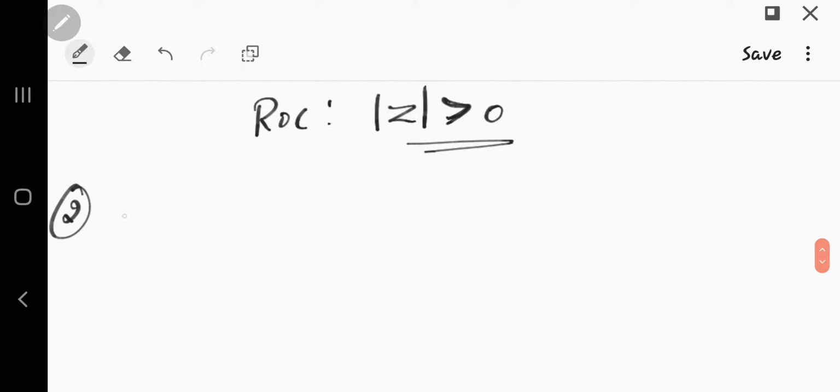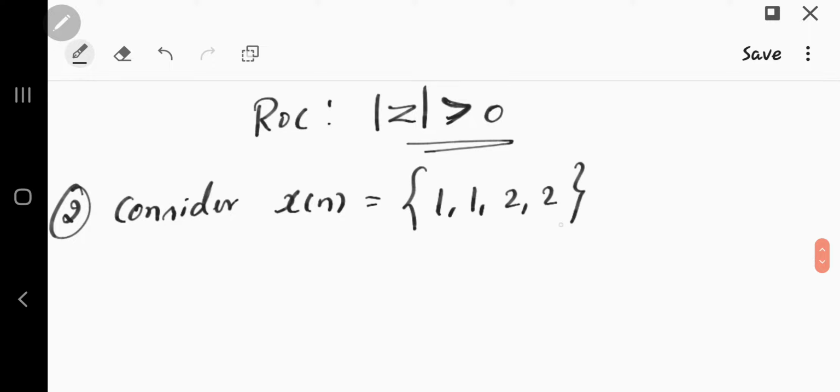Now consider x of n is equal to 1, 1, 2, 2, where this is the origin here. Find the ROC.